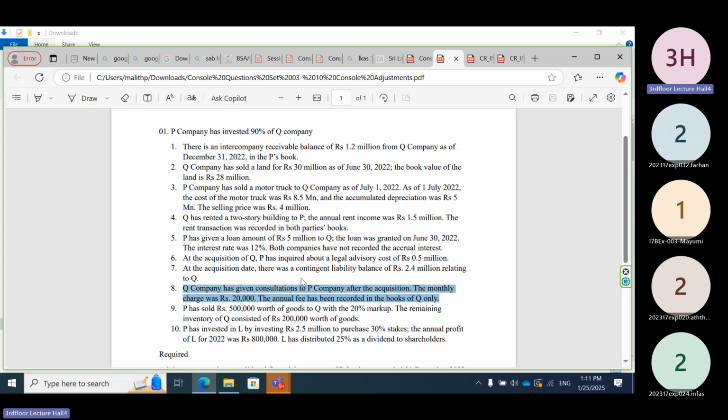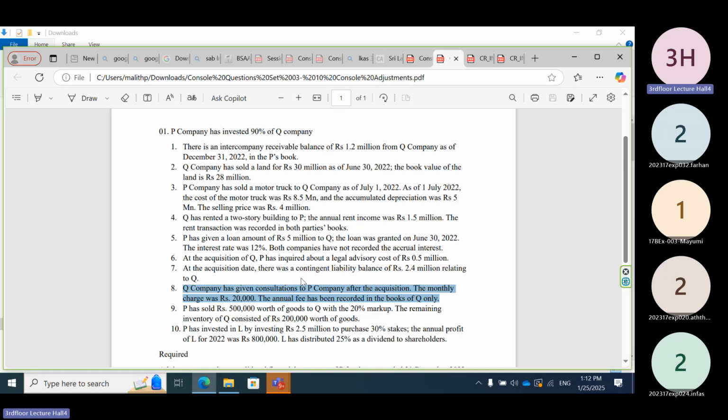If we have unrealized sales, then unrealized sales should be adjusted. Once you are having a P&L or balance sheet, unrealized sales should be adjusted.